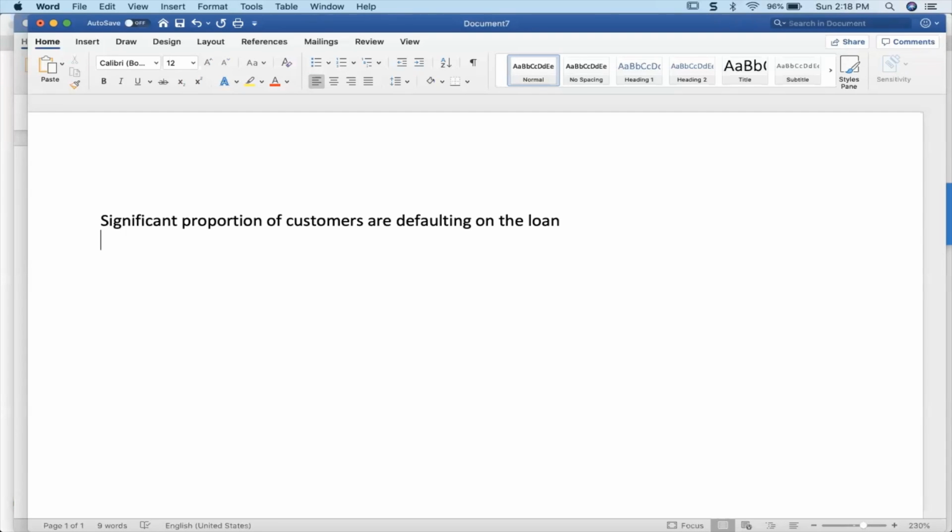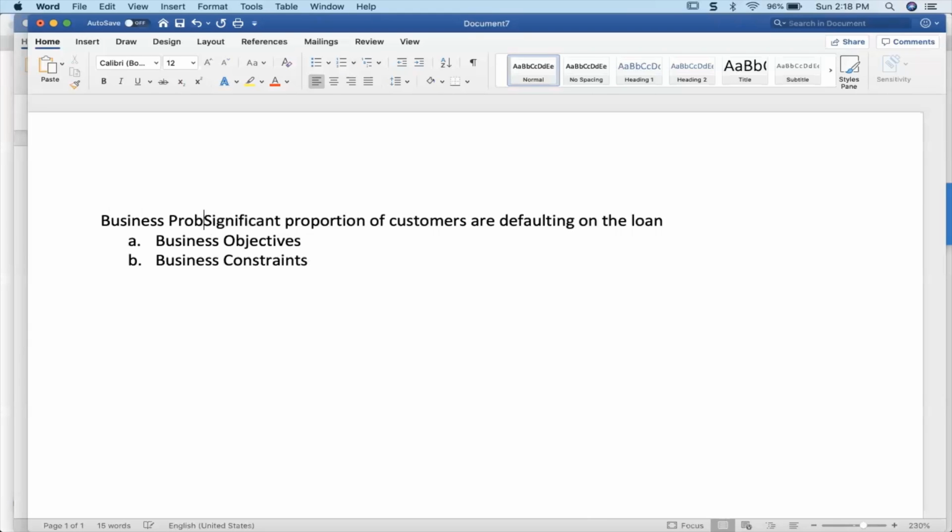This is the problem which a bank is facing. If this is a problem which a bank is facing, then how would you go about fixing this? First thing is, you need to come up with business objectives. Then you have to come up with business constraints. And this is your business problem.